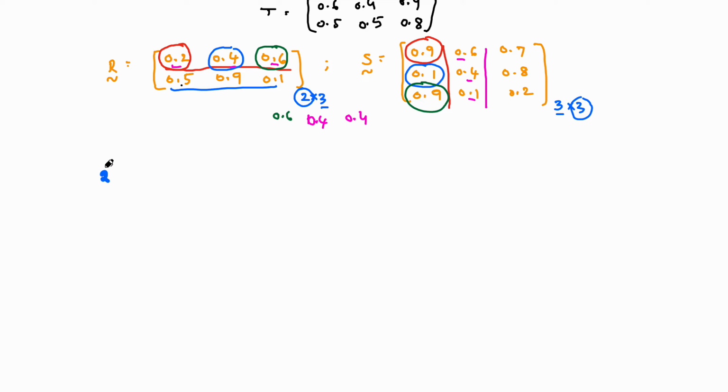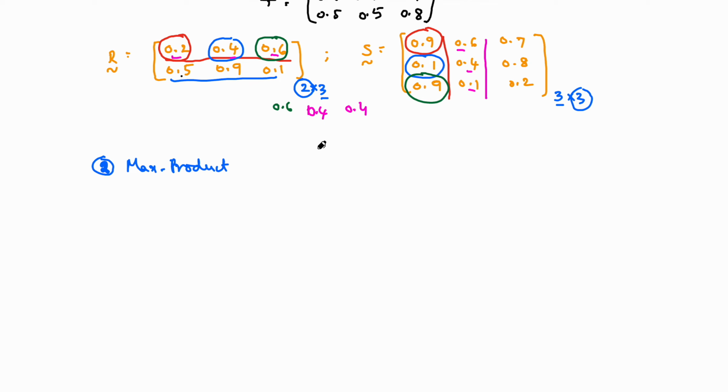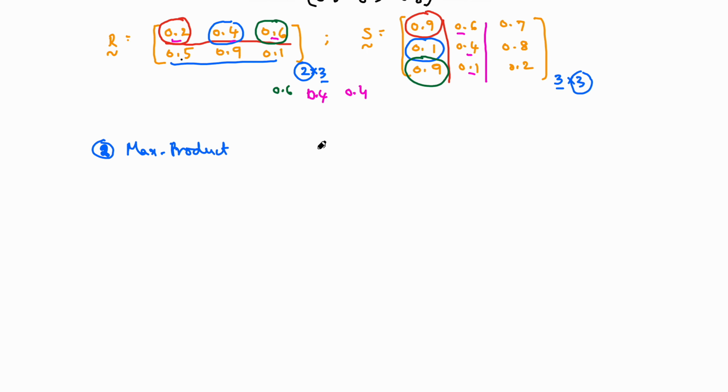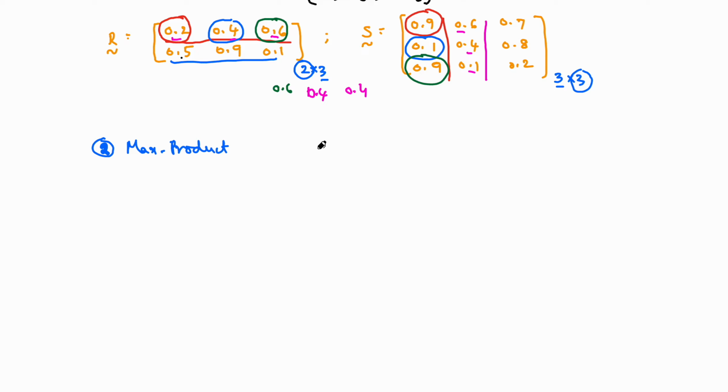So maybe the second method is max product. Whatever we have done for that one, here also same thing. I just want to give you the answer, just follow me. Max product. So as we know, things are the same.